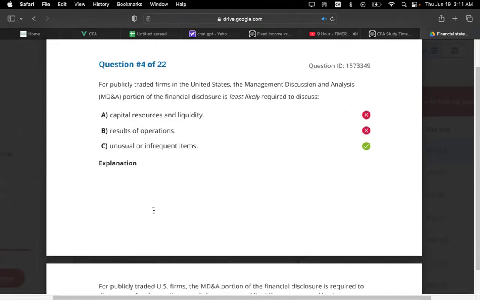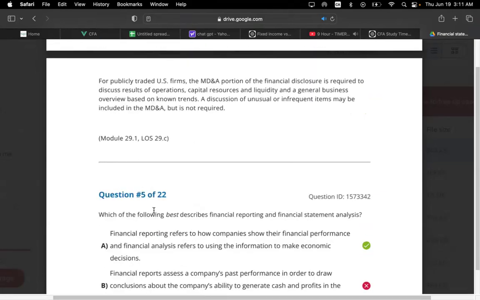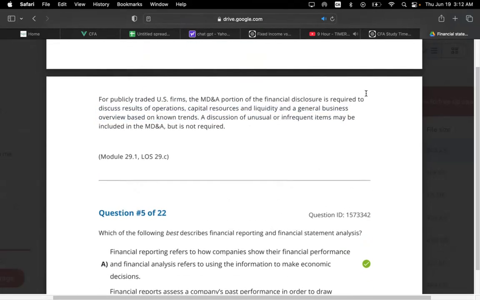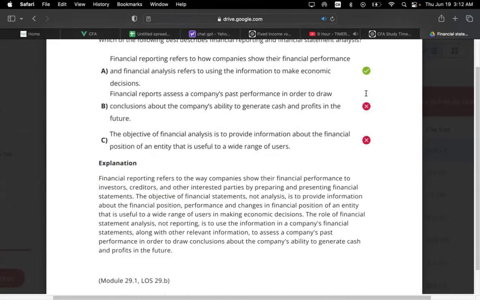This is part C. For publicly traded US firms, it is required to discuss results of operations, capital resources and liquidity, and a general business overview based on known trends. A discussion of unusual, infrequent items may be included in the management discussion and analysis, but is not required. Okay.